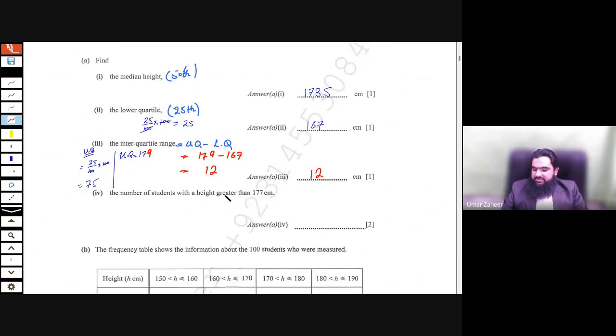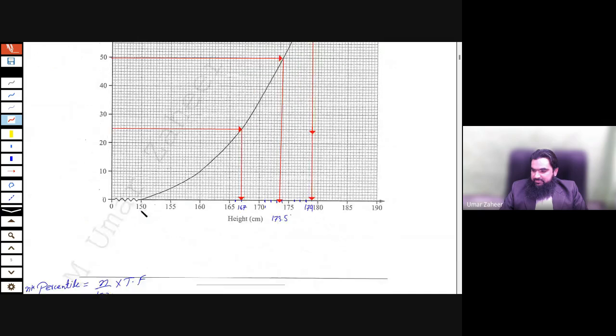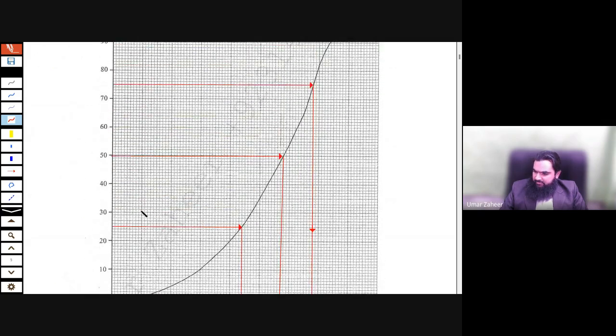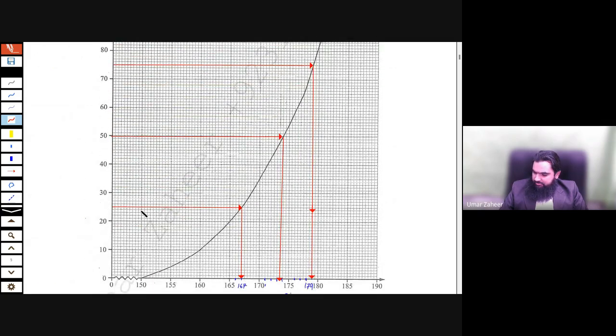Right. In the next part, he says to find the number of students with a height greater than 177 centimeters. So 175, 176, 177. From here, you move to the curve.